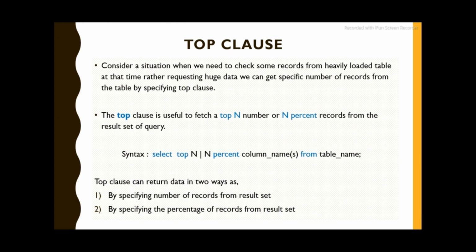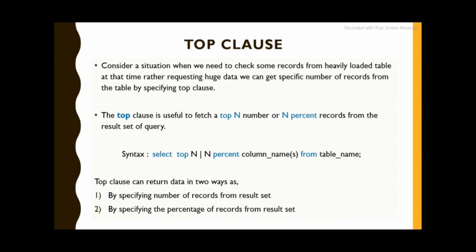So let's start with the top clause. Consider a situation when we need to check some records from a heavily loaded table. At that time, rather than requesting huge data, we can get a specific number of records from the table by specifying the top clause. The top clause is useful to fetch the top n number or n% of records from the result set of a query.